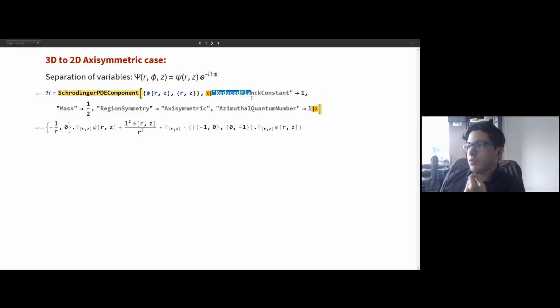For a simplified model, you can use these values for the reduced Planck constant and the mass. You also add the option RegionSymmetry, and you choose Axisymmetric. What that does is add this term, which makes sense because we are now in cylindrical coordinates. And if you add the azimuthal quantum number parameter, you get this term that comes from the separation of variables, which is proportional to l squared and inversely proportional to r squared.